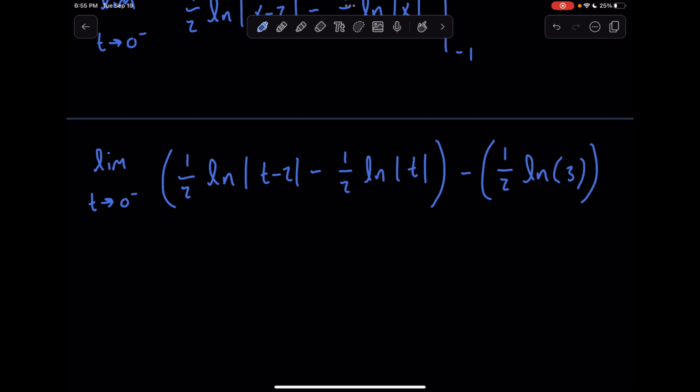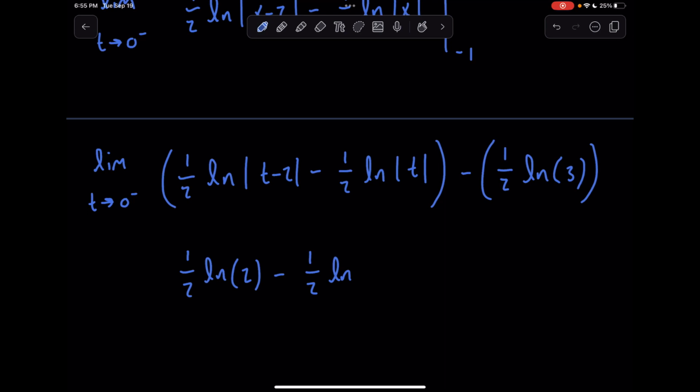So this will become 1/2 ln absolute value of 0 minus 2, which is -2, so the absolute value will just be 2. Minus 1/2 ln absolute value of t.